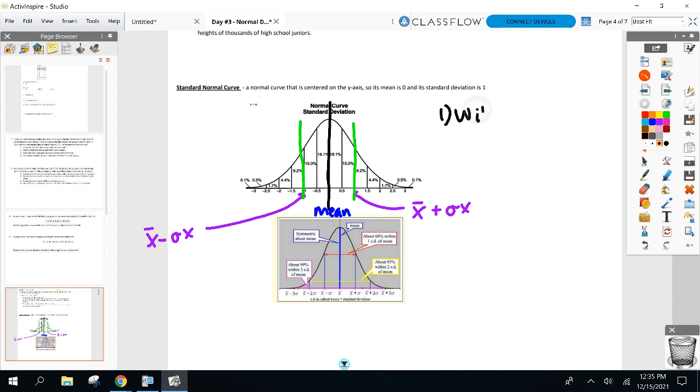Don't yell anything out. Just find them on your calculator. So add up all the percents that are within 1 standard deviation. What is it?